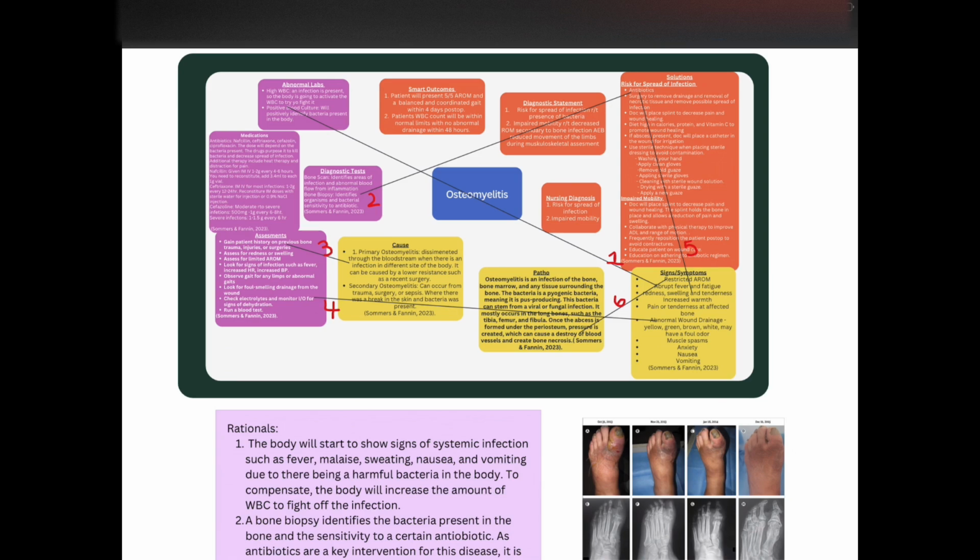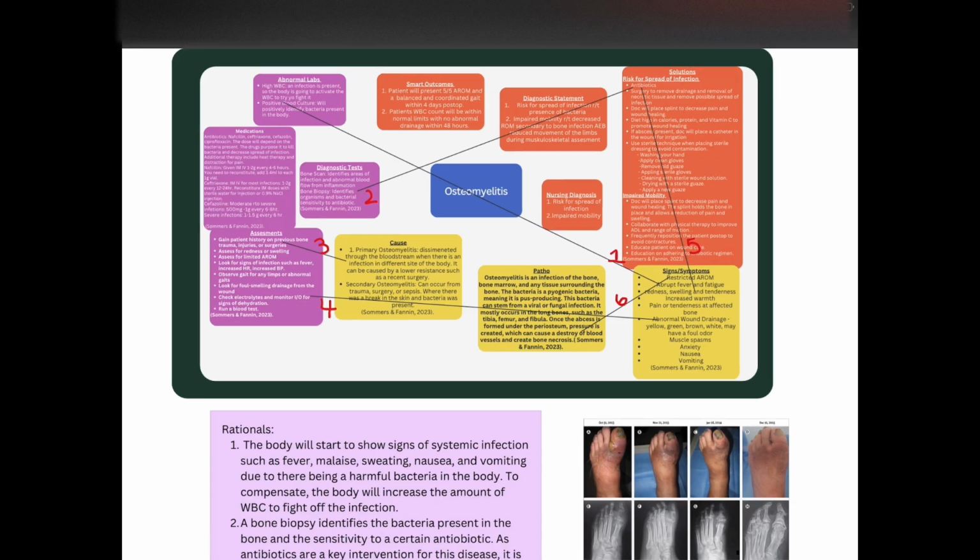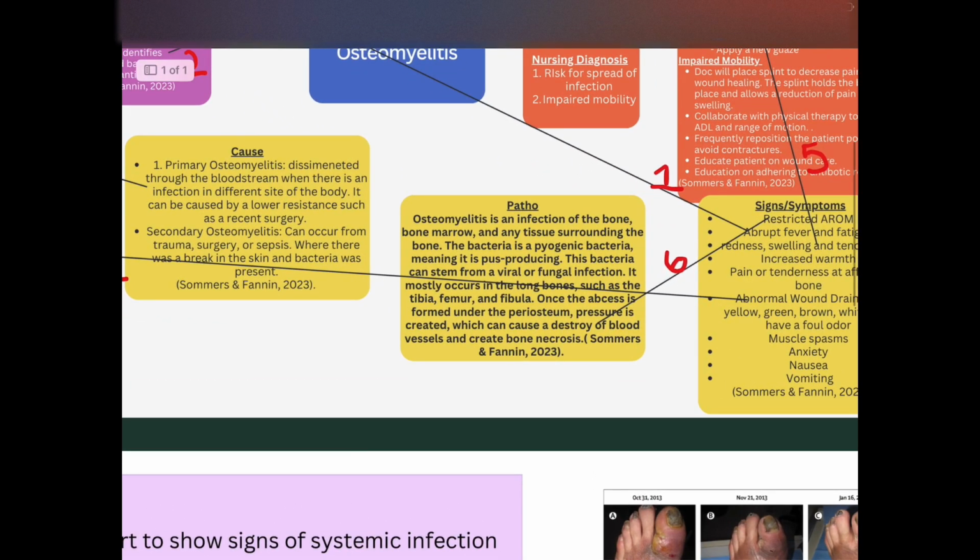Okay, so here we have our concept map for osteomyelitis. Let's get into the patho. Osteomyelitis is an infection of the bone. Typically, the most common pathogen present is Staphylococcus aureus, which is usually responsible for 80% of the cases.